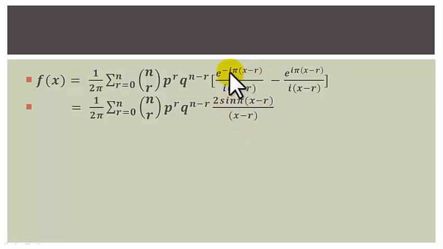I hope you can recall that exponent i theta is equal to cos theta plus i sine theta, and exponent minus i theta is equal to cos theta minus i sine theta. So when you apply that result here, that will give us this.